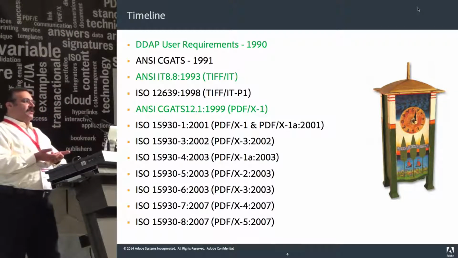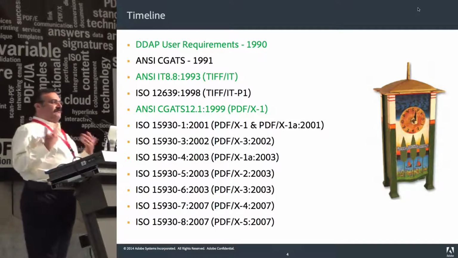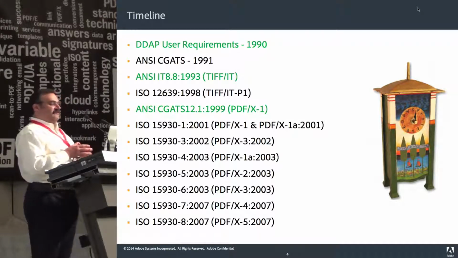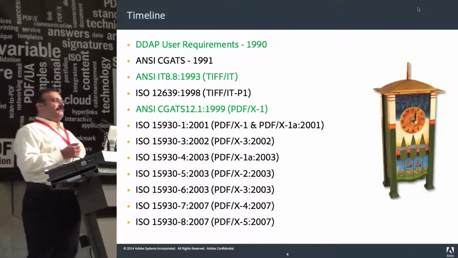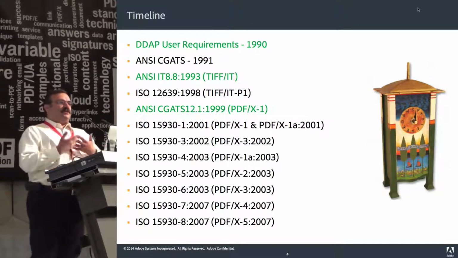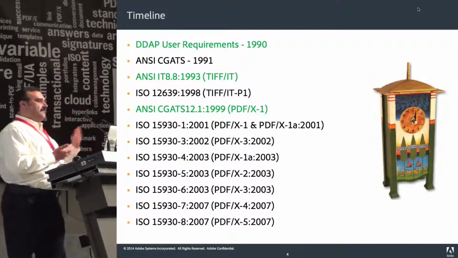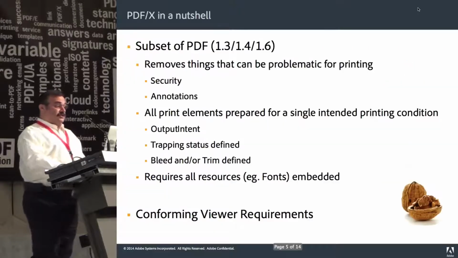Once PDF came onto the scene, they worked very closely with Adobe to come up with this first subset standard, PDFX, in 1999. And as you'll see, there are a lot of different flavors. So we've had the opportunity now to come up with 5 different variants of PDFX. So it's been around the longest. It's had the opportunity to create the most variants.